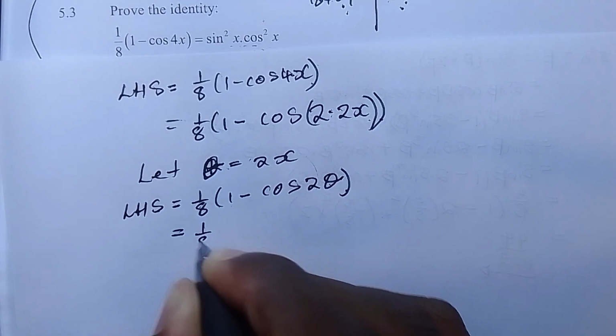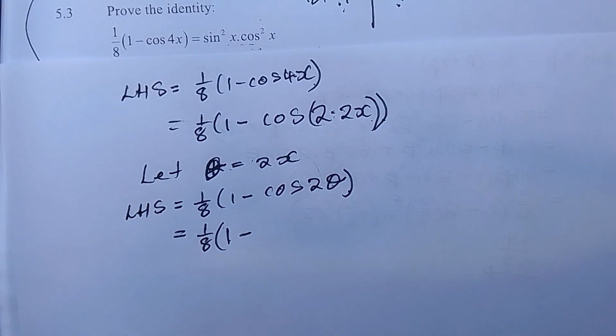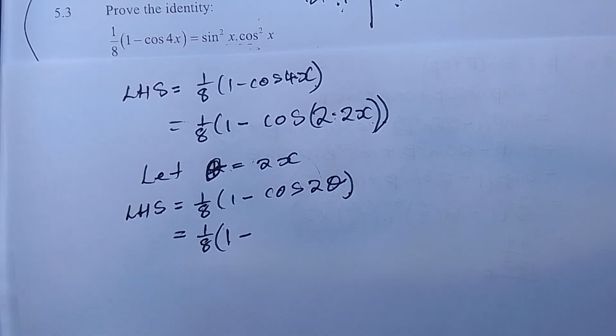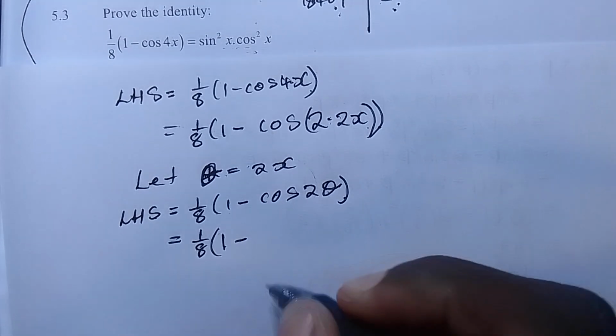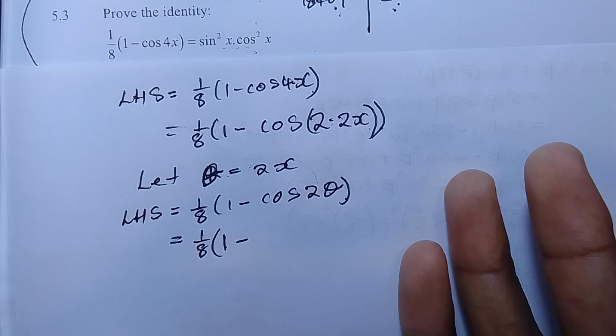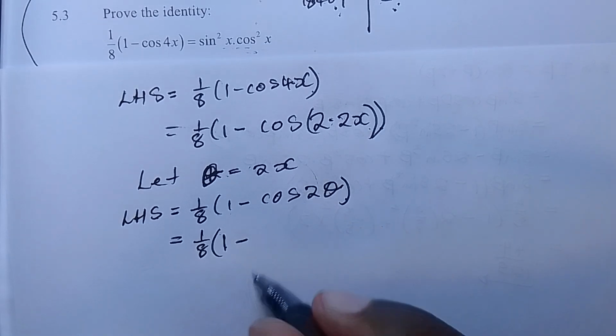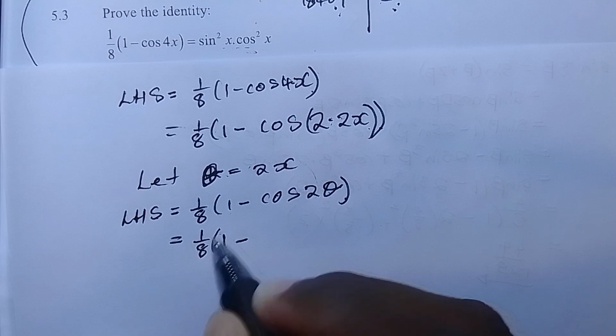There's a way that we can write cos 2 theta and we can simplify it. I think there are actually 3 ways we can write cos 2 theta, but I want a way that will cancel this 1 right here. I want to get rid of this 1.